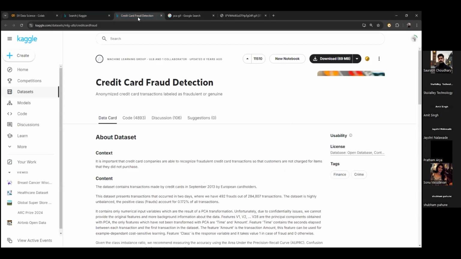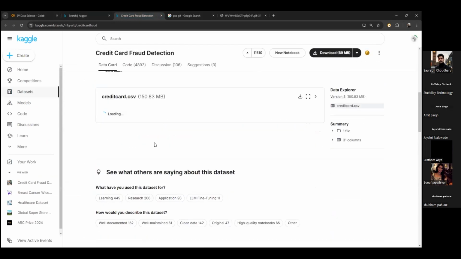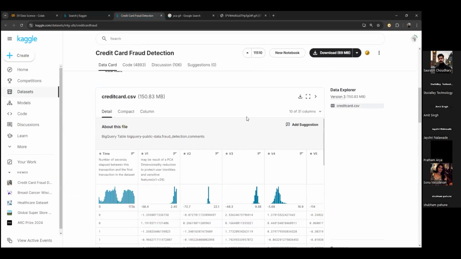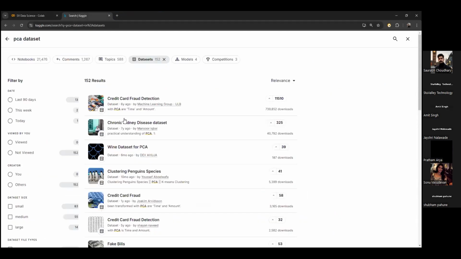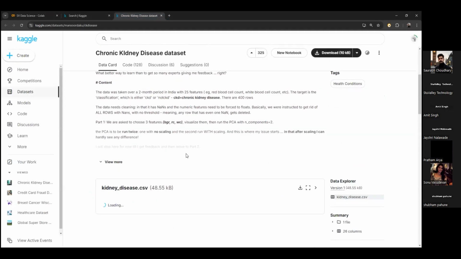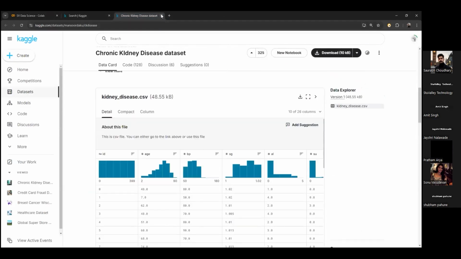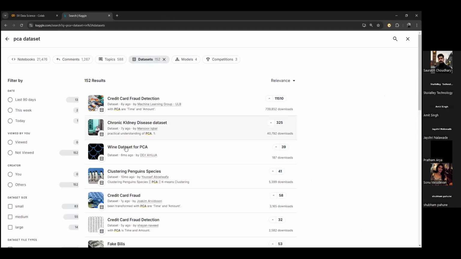Let me see if we have some smaller data. These are very big data, 31 columns are there. Okay. Chronic kidney disease, I think we have a lot there. 26, very nice. Wine data set.